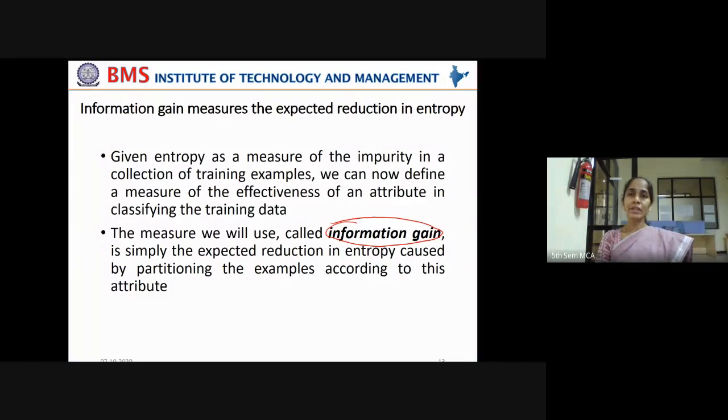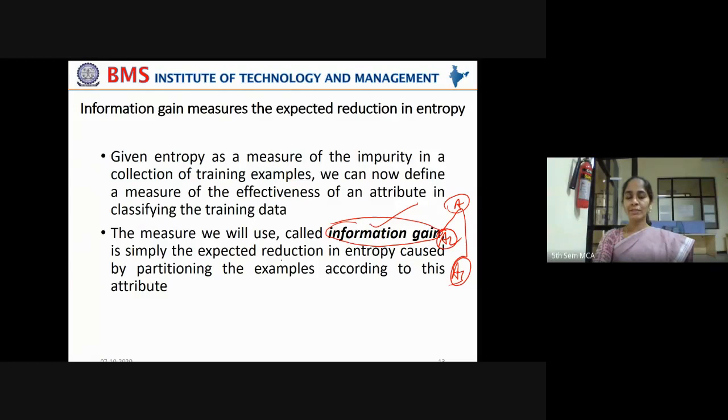When we measure the purity in the classification with entropy, the effectiveness of making that classification by an attribute is measured as the information gain. What information gain is obtained at attribute A1? At attribute A2? At attribute A3? When they are used as the root nodes for checking the condition, that has to be seen.